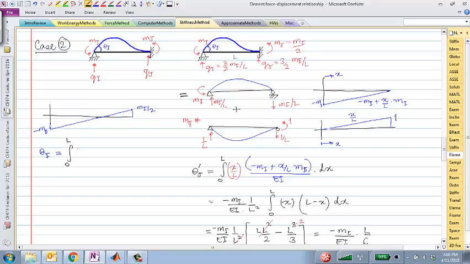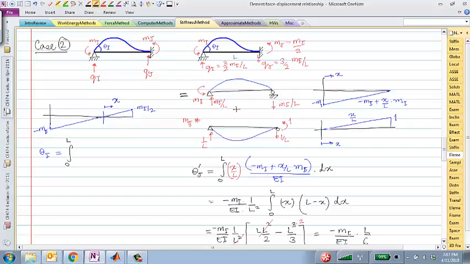So the easiest way to do that would be to express x here, and what that equation would be.